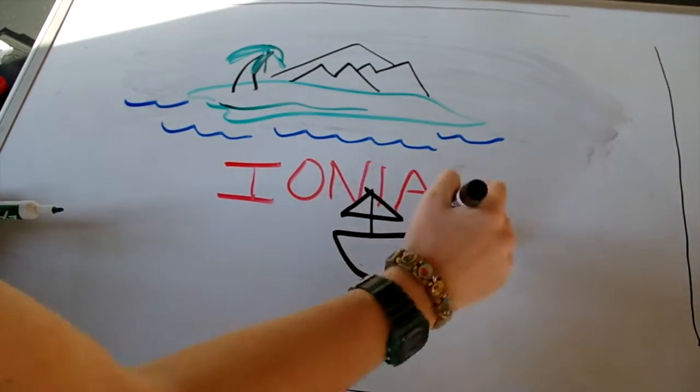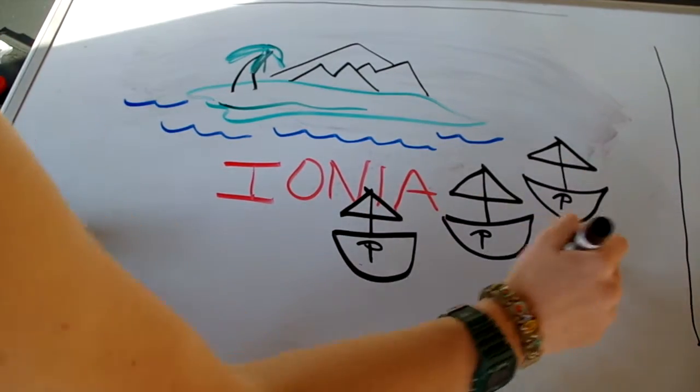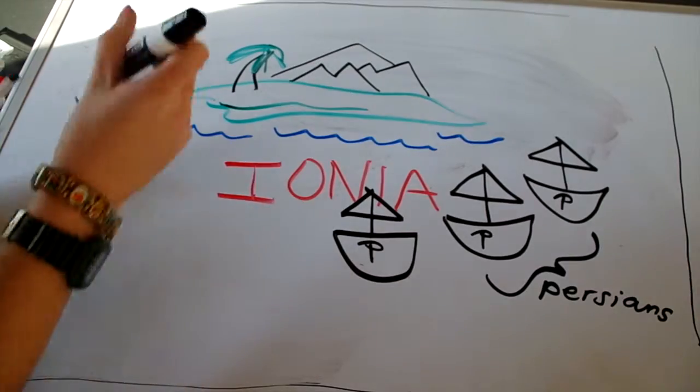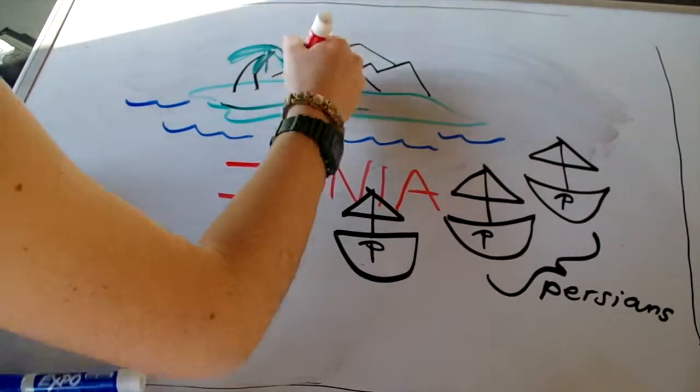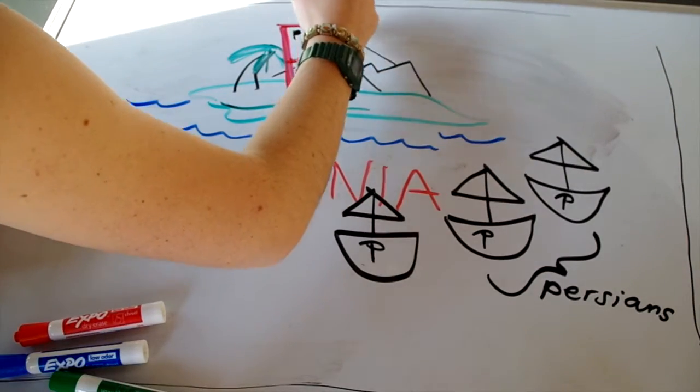The Persians saw it as valuable territory and wanted to take it over. The Persians were successful with their takeover, claiming it as part of their empire.